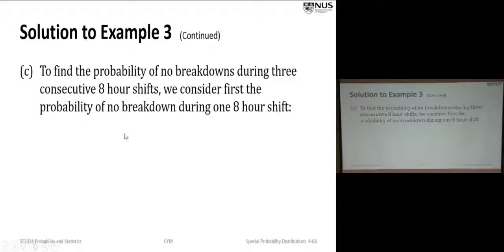For the third question, we are asked to find the probability of no breakdowns during 3 consecutive 8-hour shifts. One way to do it is to consider one particular 8-hour shift: what's the chance x equals 0? This is the probability.